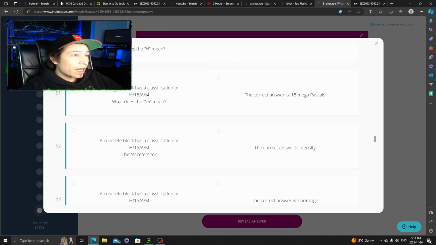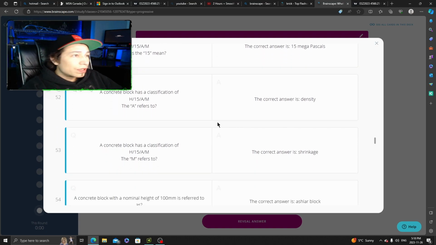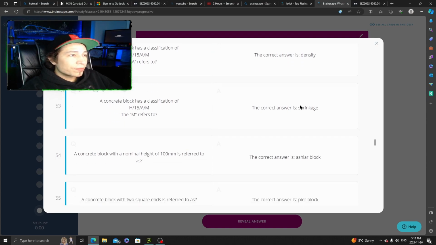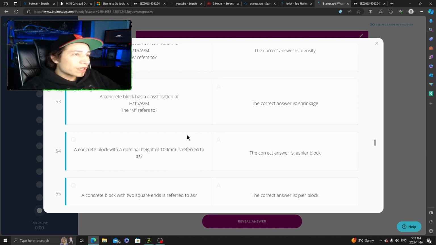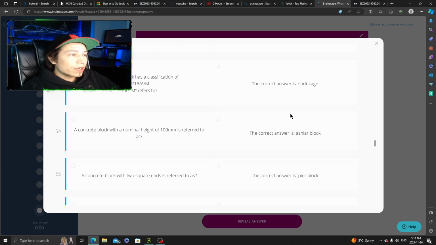What does the 15 mean? 15 megapascals. The A refers to density. The M refers to shrinkage.